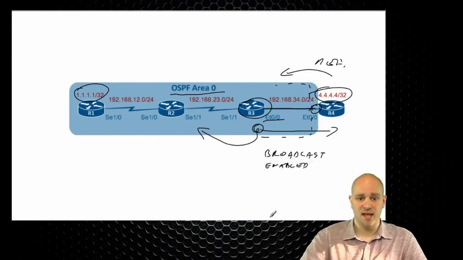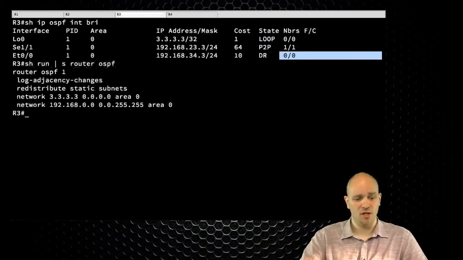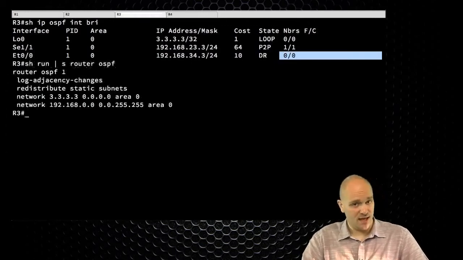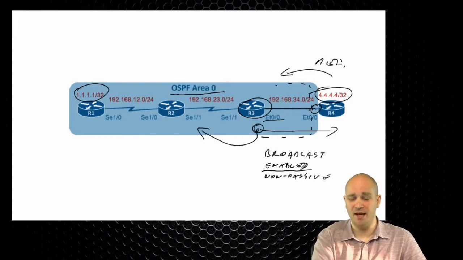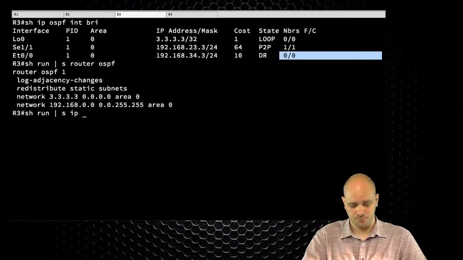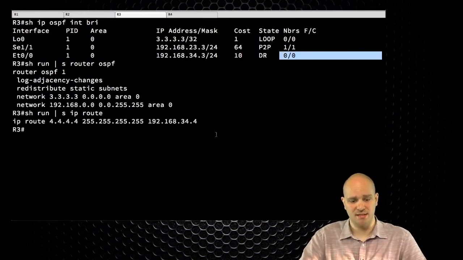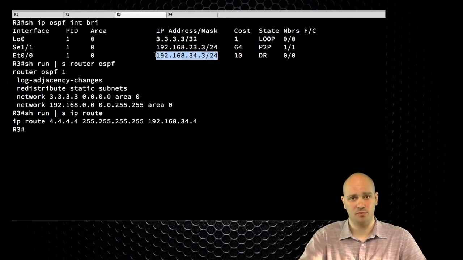on this interface, and the interface is not passive. If I take a look at show run | section router ospf, I don't see any definition of the passive interface, which means that this interface here is non-passive. Now, by virtue of OSPF being enabled on this interface, if I take a look at the static route that actually injects this route, it says 192.168.34.4, which is part of the subnet that is enabled for OSPF.